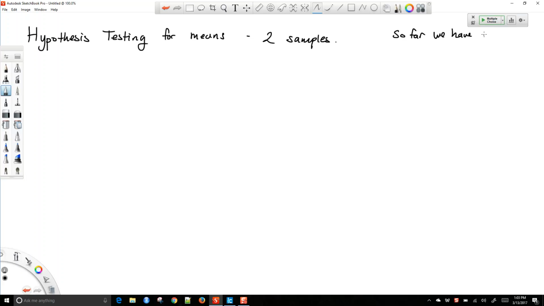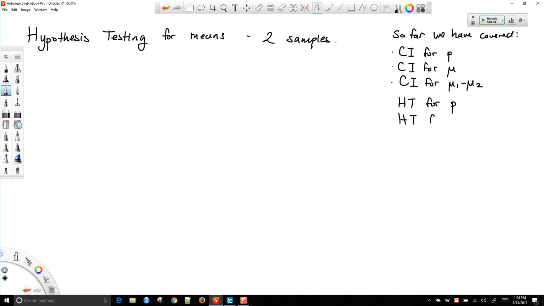So far we have covered confidence intervals for p, confidence interval for mu, confidence interval for mu1 minus mu2. We've also covered hypothesis testing for p. We also did hypothesis testing for p1 and p2.